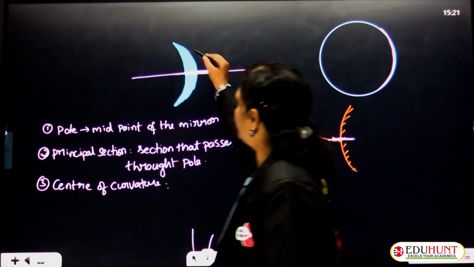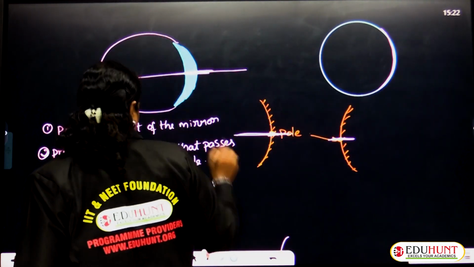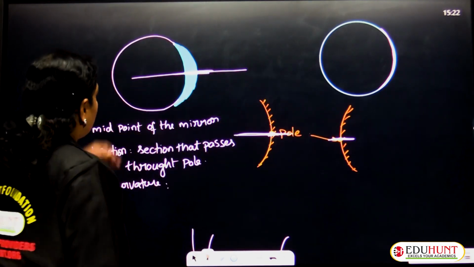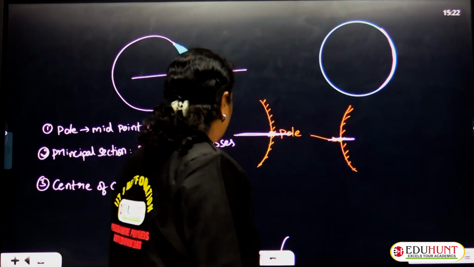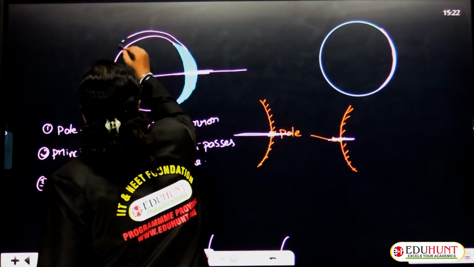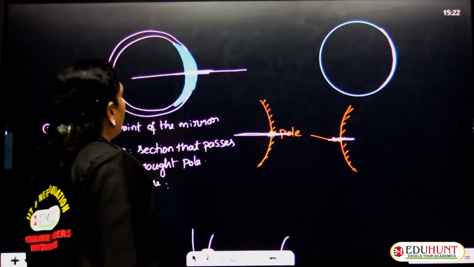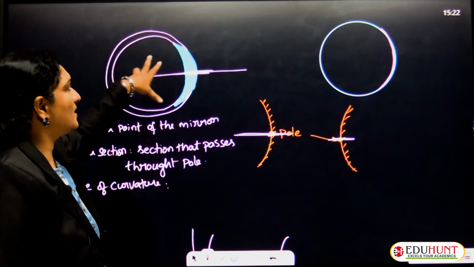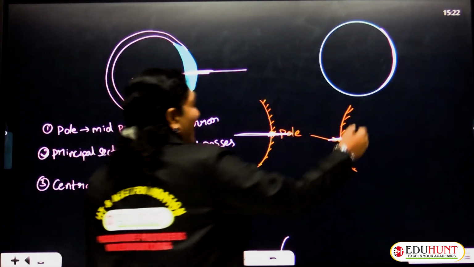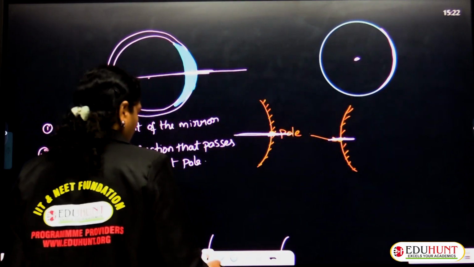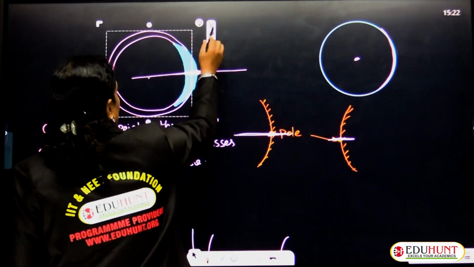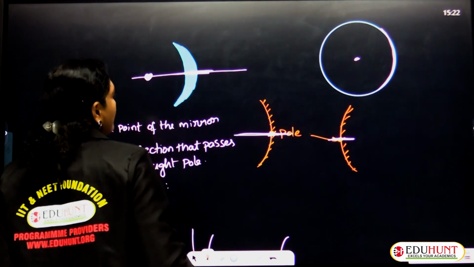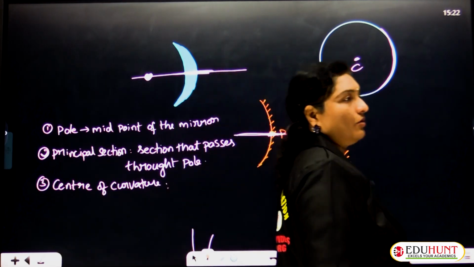If you produce this complete picture, then you will get a circular region. For this entire hollow sphere, there will be a center. That center of the hollow sphere, when produced, is called the center of curvature of the mirror.